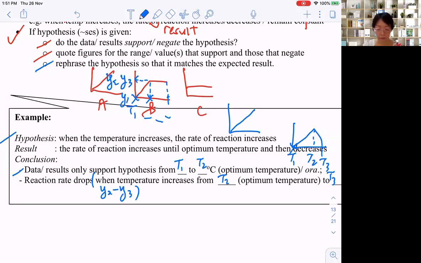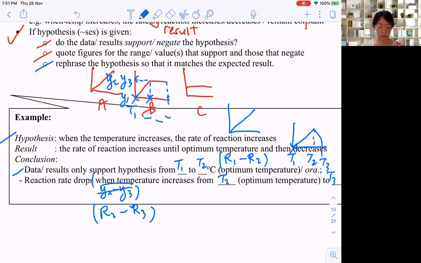All right. So when the temperature increases from T1 to T2, the rate also increases from R1 to R2. Say for example, this one is R2 to R3. You can use Y, you can use R, you can use any symbol to represent. Okay, so that is how you do a conclusion.